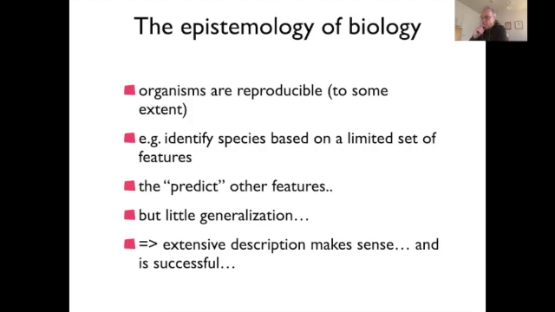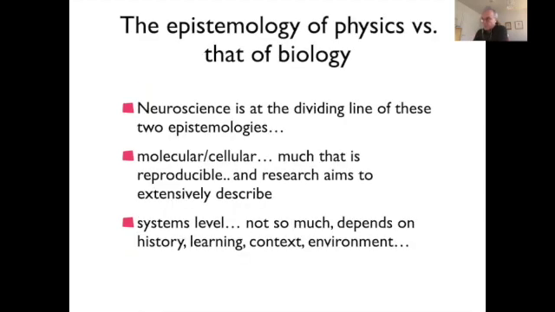But still, the fact that organisms are reproducible makes extensive description successful, and in biology that is a dominant approach. People describe, for instance, I'll come back to that maybe later, a lot of extensive description of systems.